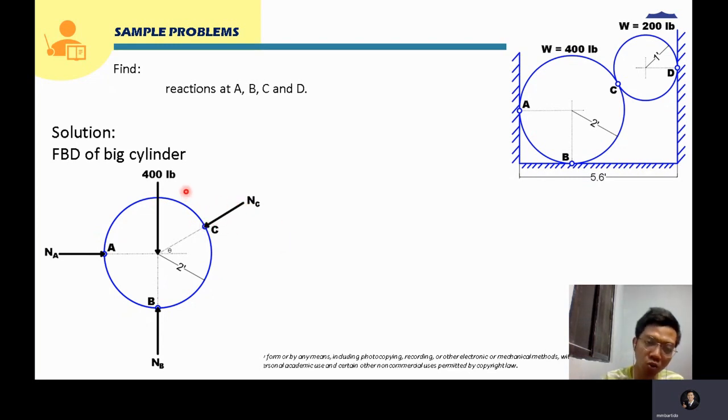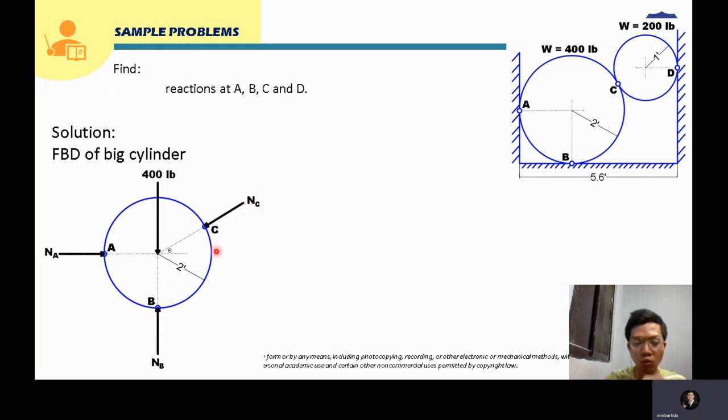If we are going to put here a line tangent at this point, a tangent line actually touches the curve at one point, right? So if we have here a tangent line, this normal force will be perpendicular to that tangent line, and this should be directed this way, no? So this will be N sub C.